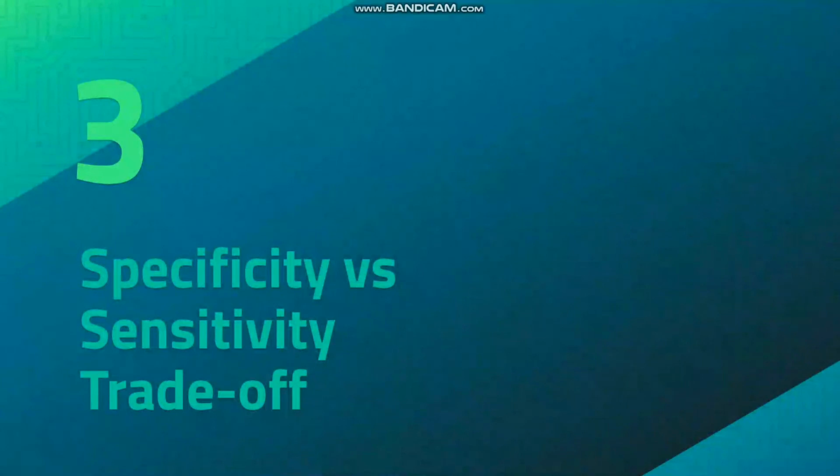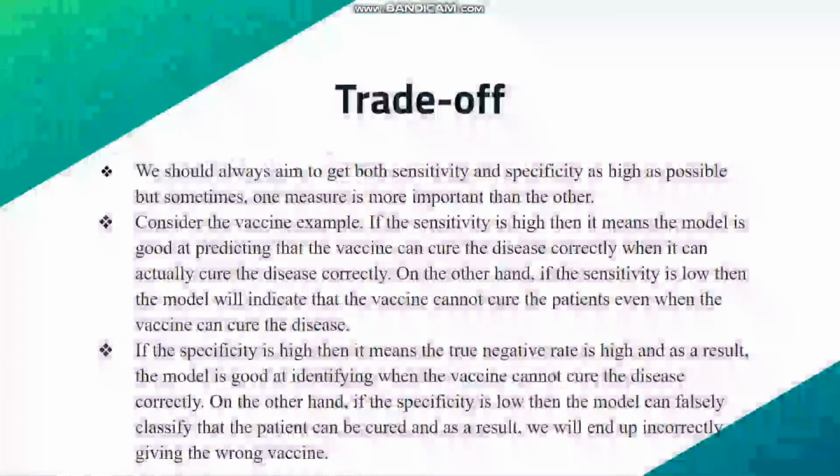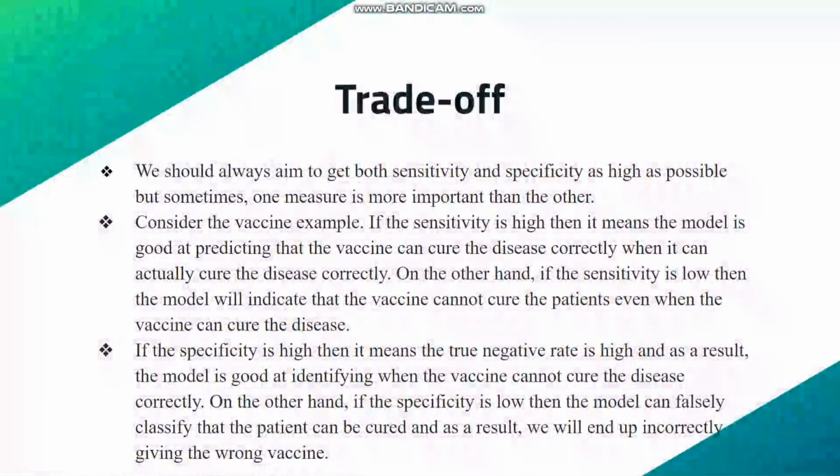Specificity versus sensitivity trade-off. We should always aim to get both sensitivity and specificity as high as possible, but sometimes one measure is more important than the other. Consider the vaccine example.